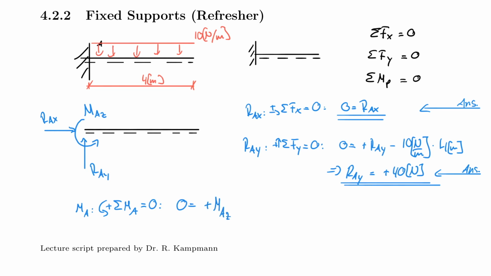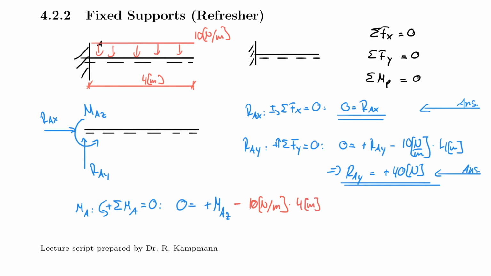MAZ. And now I need to find the lumped force of this system. So 10 Newton times 4 meters. And then it has a lever arm of 2 meters, which then rotates clockwise. Therefore, that is negative. So let's say minus 10 Newton per meter multiplied by 4 meters. And remember where that is acting.